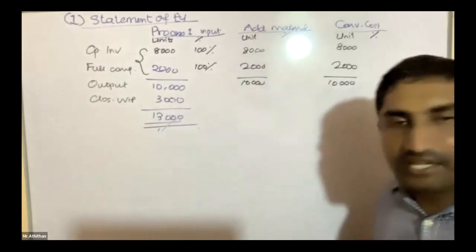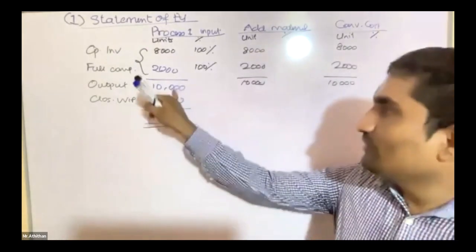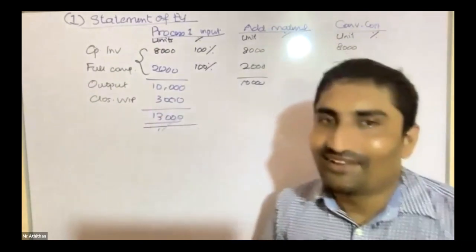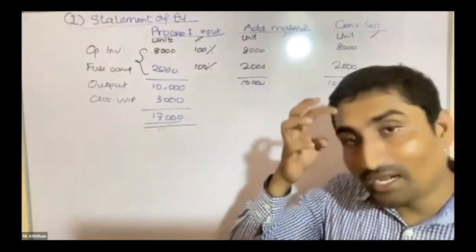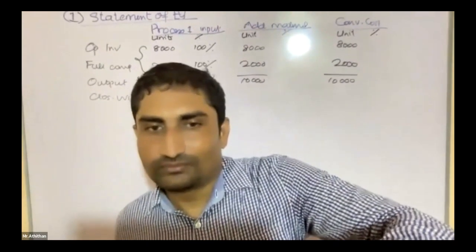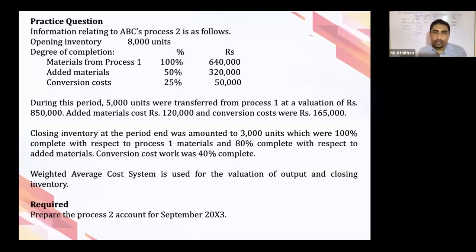Right. இப்போ அது சரின்னு சொன்னா output we know. Closing WIP we need to separate. Right? Closing WIP க்கு நாங்கள் percentage பார்க்க வேணும். Closing WIP 100% complete with respect to process 1 material, 80% complete for added material, 40% complete for conversion cost.